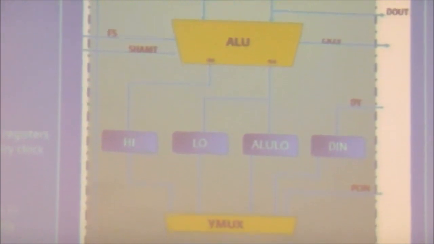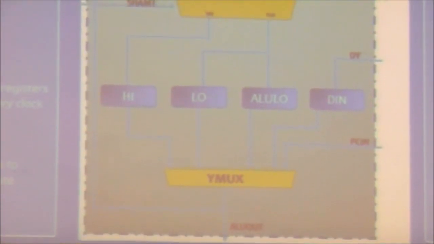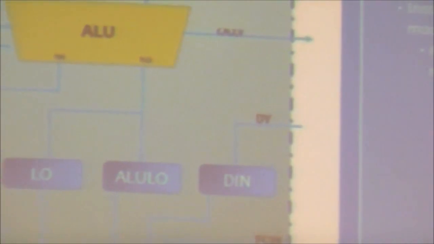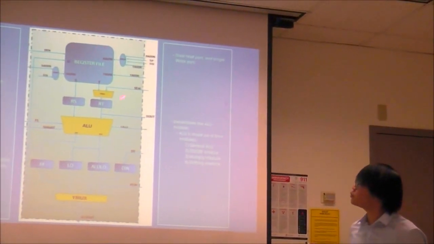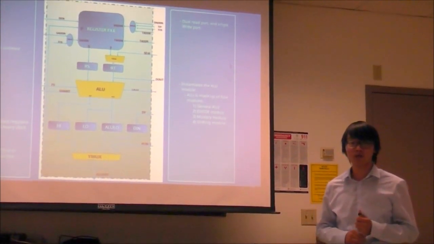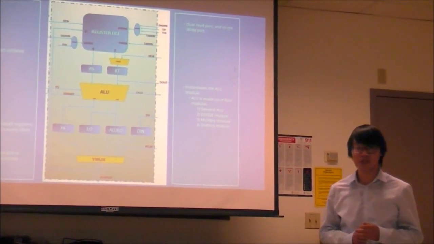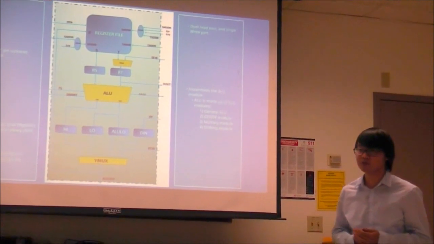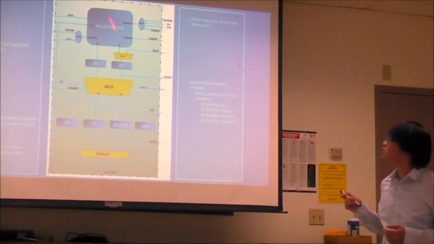But any more than a dual read, then we'll be wasting more money because there aren't many instructions that will utilize it. For our single write port, we mainly only write to one destination register, so that's why there's only one single write port.